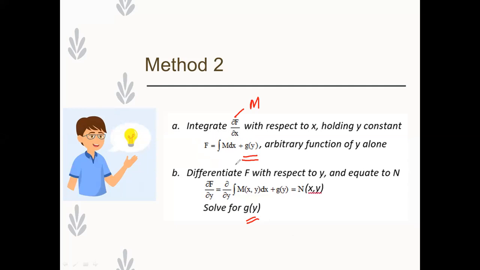That will now constitute the solution of your exact differential equation. So integrate and then find the g of y by differentiating, and go back to the original integral that you have and substitute the g of y. Okay, now I think it would be clearer if there's a specific example for this one. Let me proceed with the next slide.